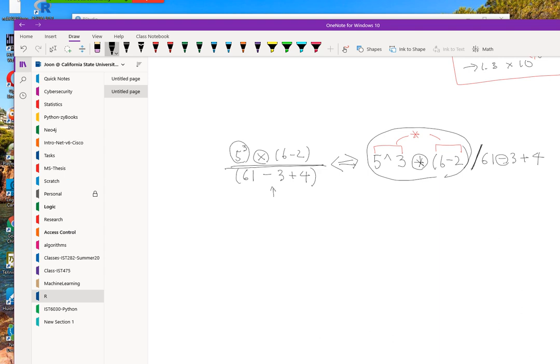So you need parentheses. That means the whole thing will be divided by this result, 61 minus 3 plus 4. This is R's way, and this is what we usually write in math class.